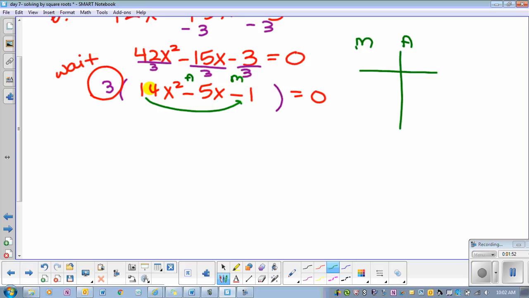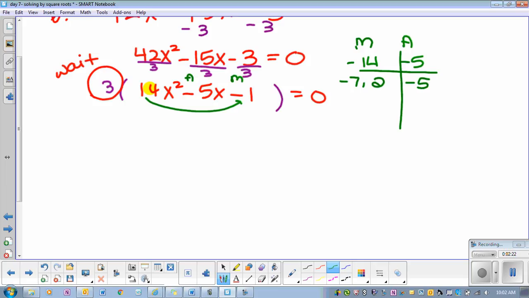Negative 14, that's my new c number. What's still my b number? Negative 5. So what two numbers multiply to give me negative 14, but add to give me negative 5? Negative 7 and 2. Good.